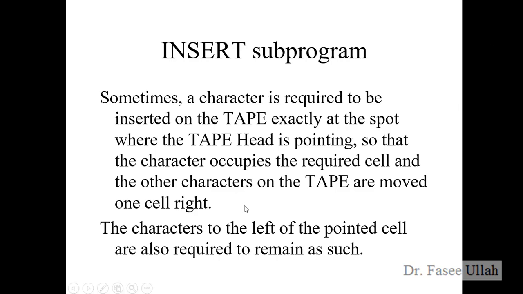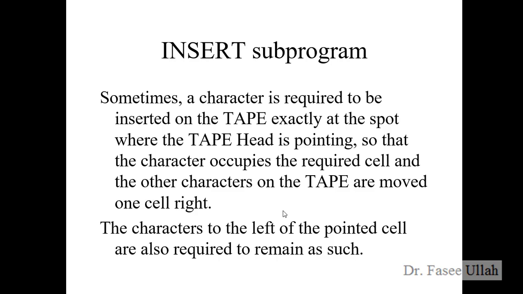Let's read from here. Sometimes a character is required to be inserted on the tape exactly at the spot where the tape head is pointing, where the pointer is positioned, so that the character occupies the required cell and the other characters on the tape move one cell towards the right. That's what I explained earlier.